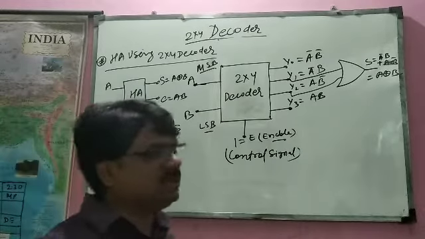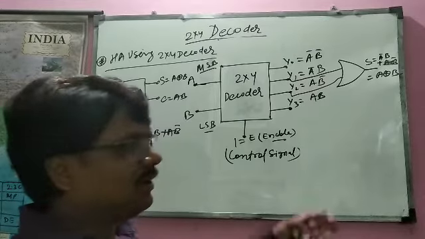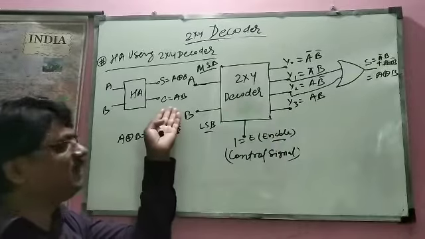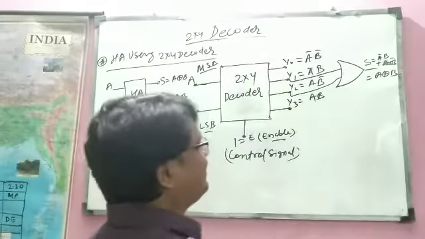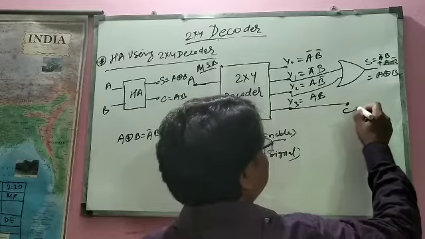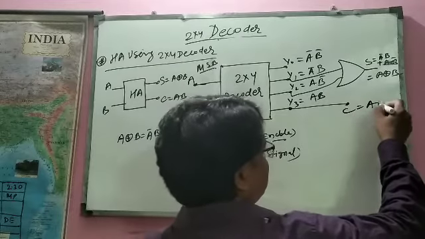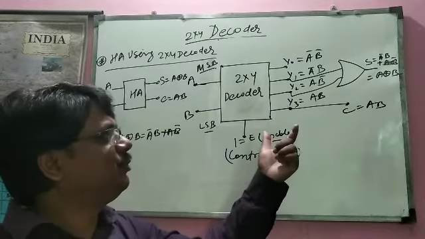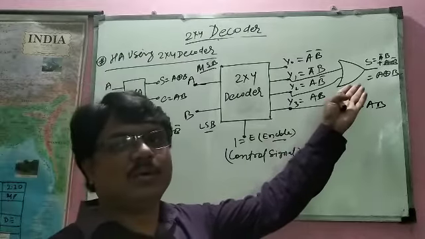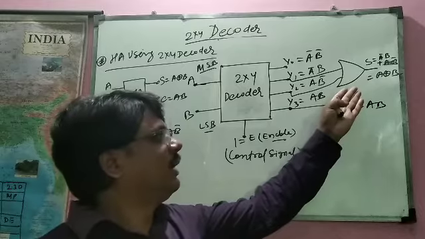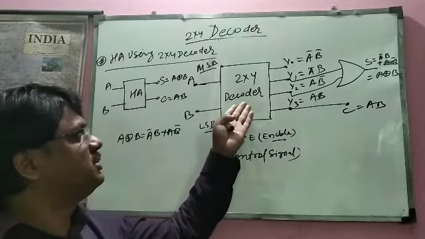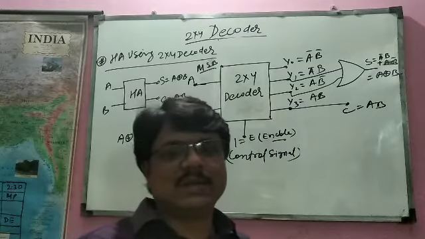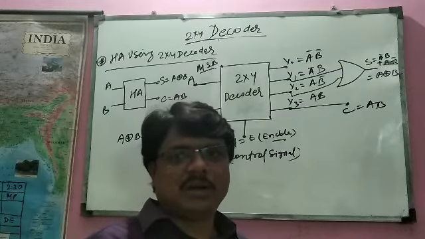Now one will say that you have only calculated S, so how can we calculate C? Let us suppose this is your C. What is this? This is AB. Only one OR gate will be used, and by using this decoder we can design the half adder.